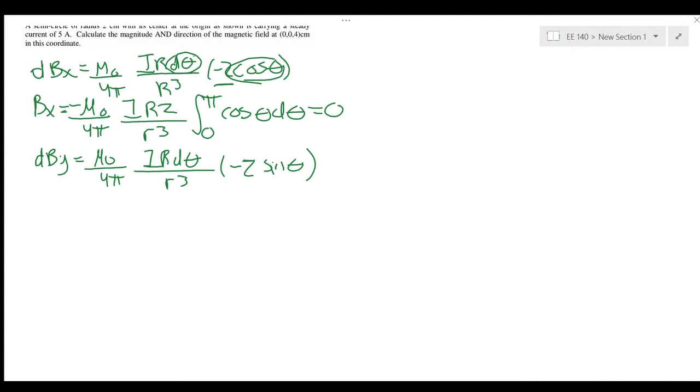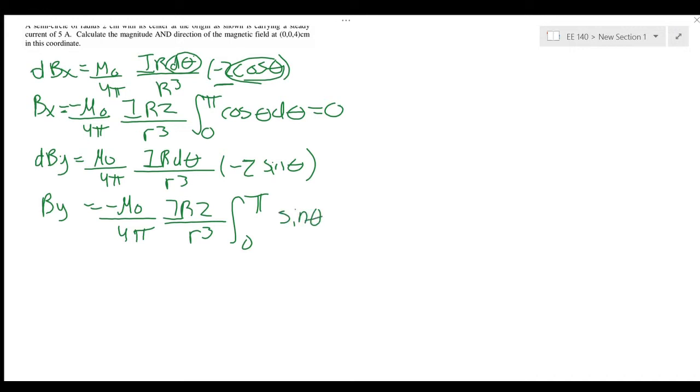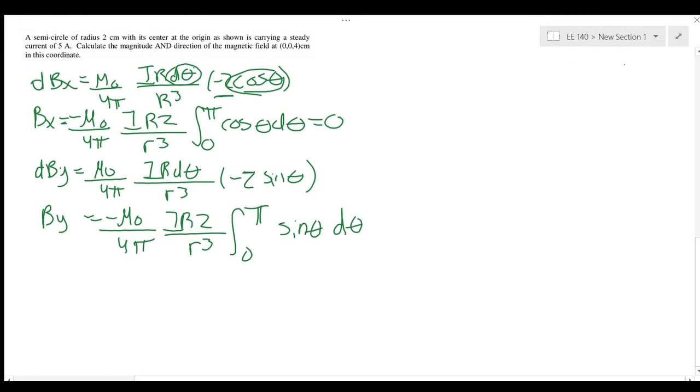And then By equals negative mu naught over 4 pi I r z over r cubed from 0 to pi sine theta d theta. And this would just equal, so the integral of sine theta is negative cosine theta.